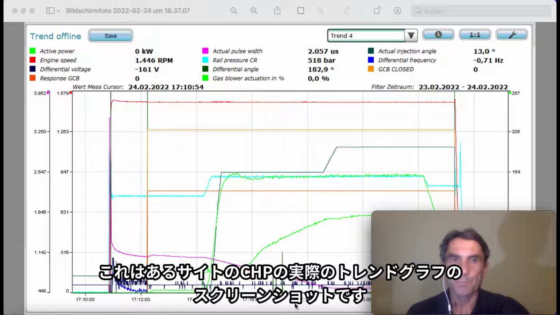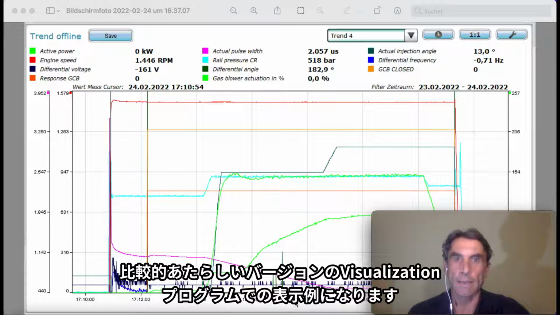First of all, I had prepared, from one of the CHPs, a trend logging file. So we have here a trend logging file. This is from the newer version of the visualization of Schnell.